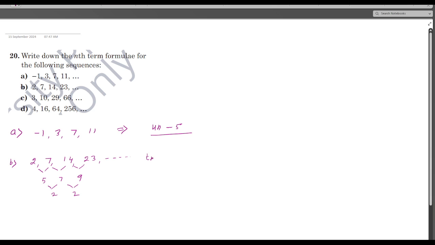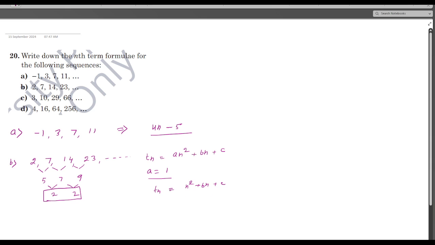We can assume that Tn is of the format of an square plus bn plus c, and the value of a is half of this difference at the end. The difference is 2, so this will give me a is equals to 1. So your Tn is of the format of n square plus bn plus c.